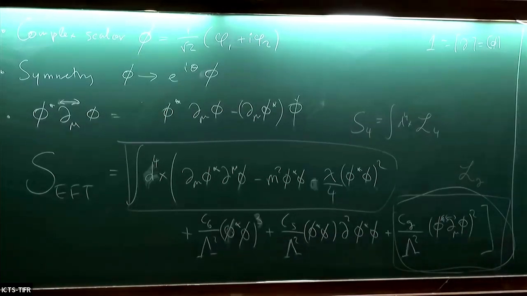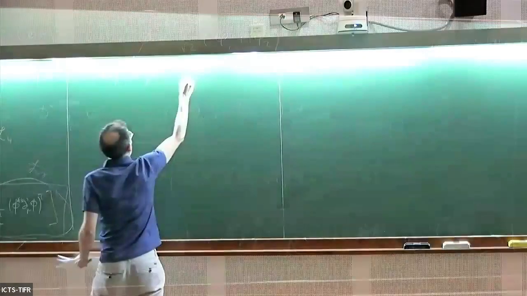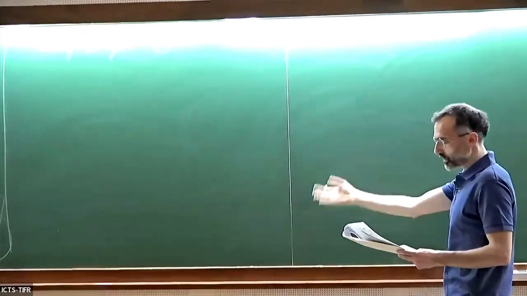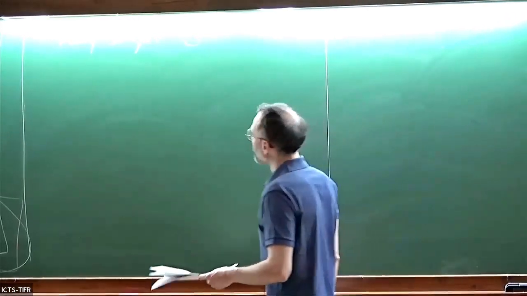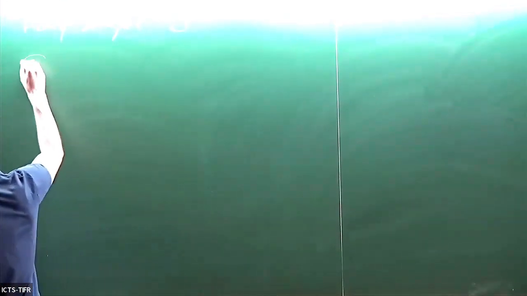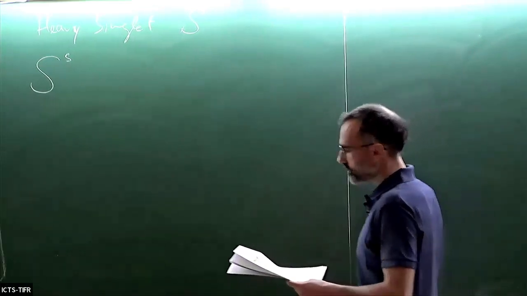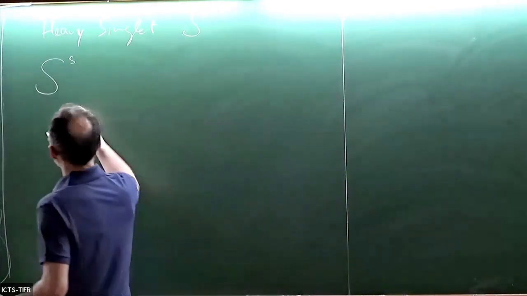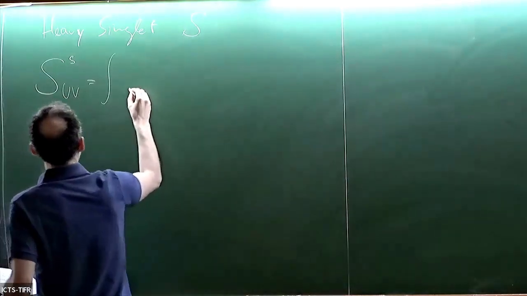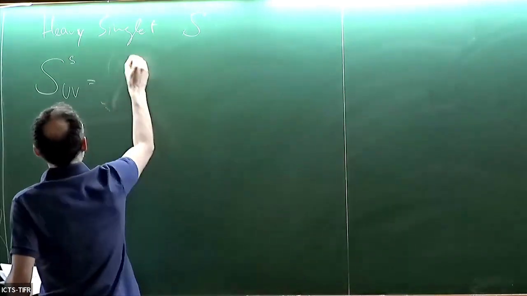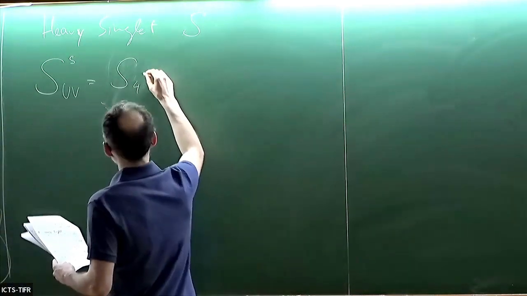tells you that there is a heavy singlet S. Sorry, that S is different from the action, but I don't know, the surname might start with an S, so they gave it that name. And the UV model for this S theory, let me put a superscript S, it doesn't really matter, and the UV theory they write is S for UV.